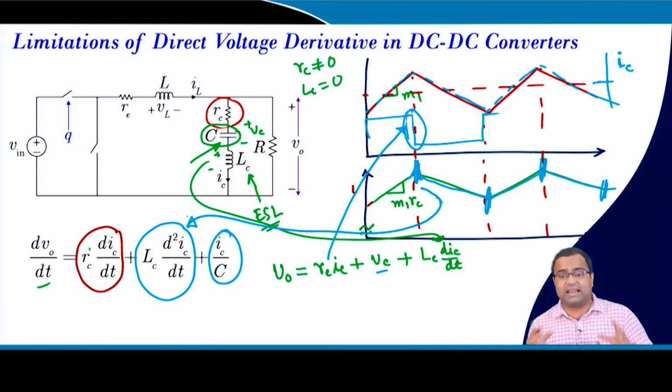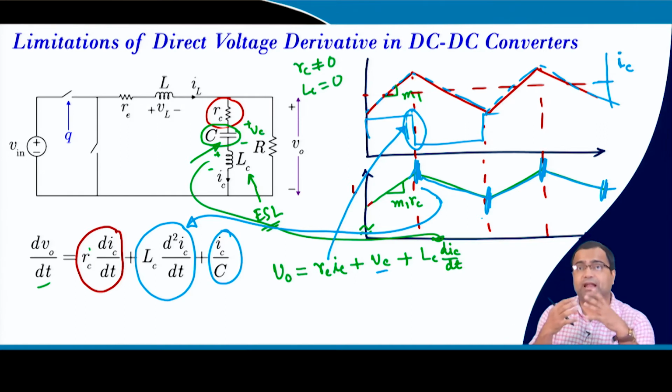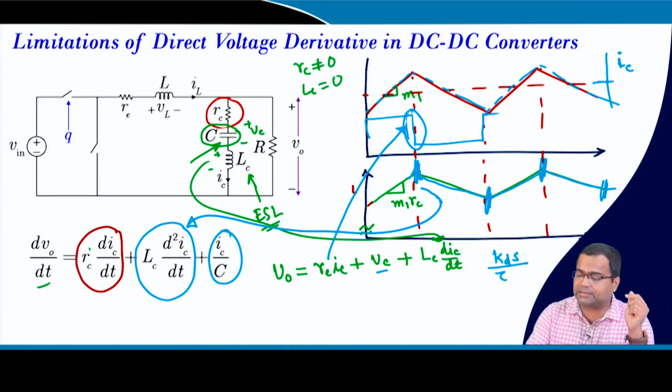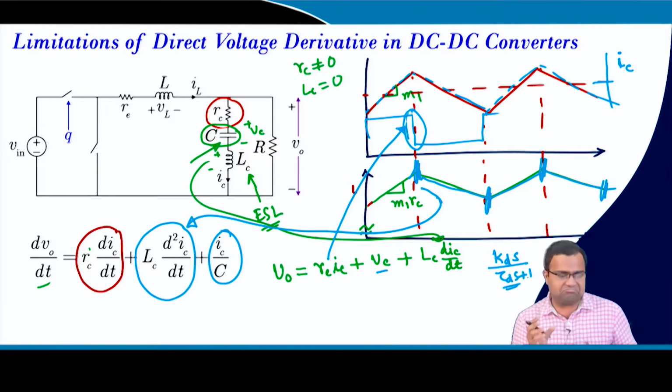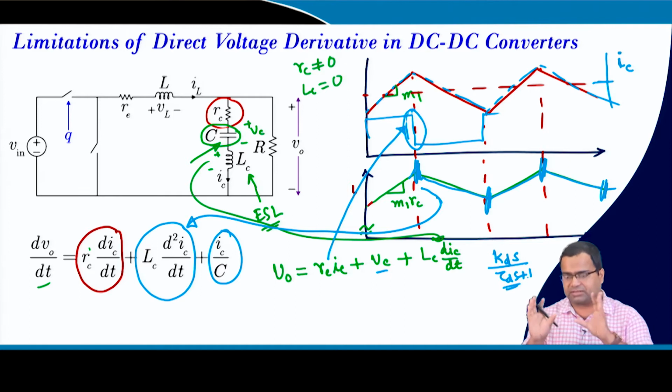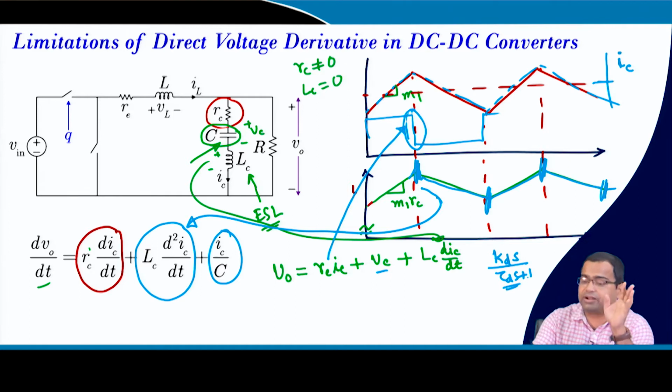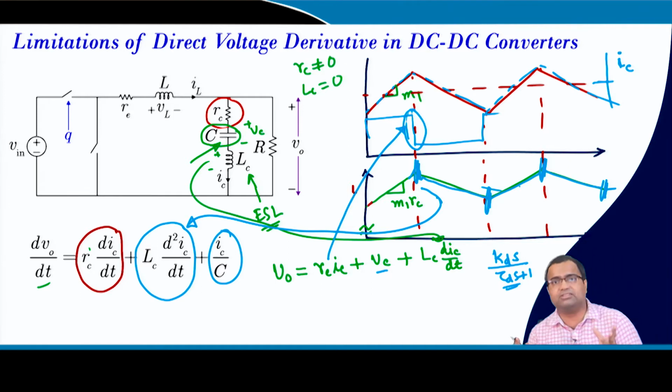And if you take a direct derivative, these spikes will go inside your controller and you need to attenuate them, and that is why you talk about a practical PID controller, where we take Kd into s divided by tau d s plus 1. If you take tau d somewhat close, that means you are trying to attenuate with this filter, and this attenuation also has a penalty, because you are actually not taking a derivative action, you are slowing down.